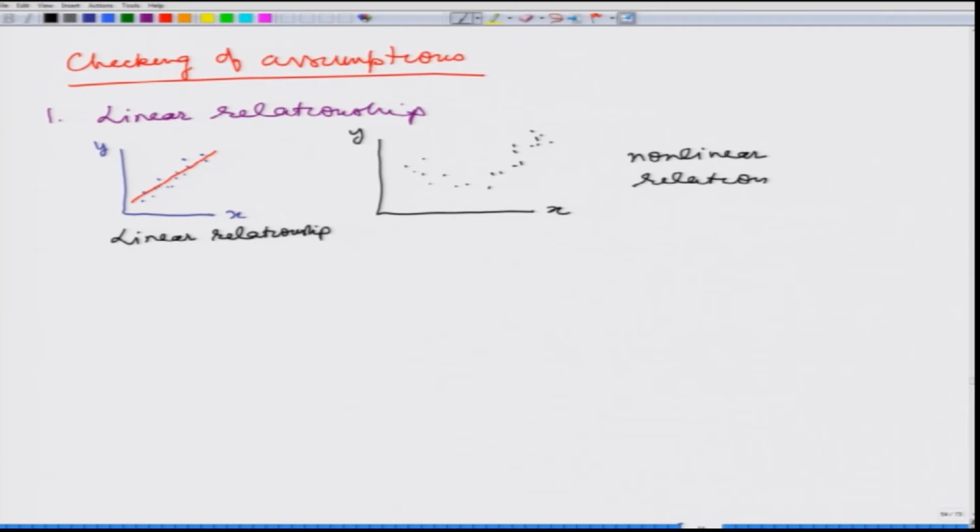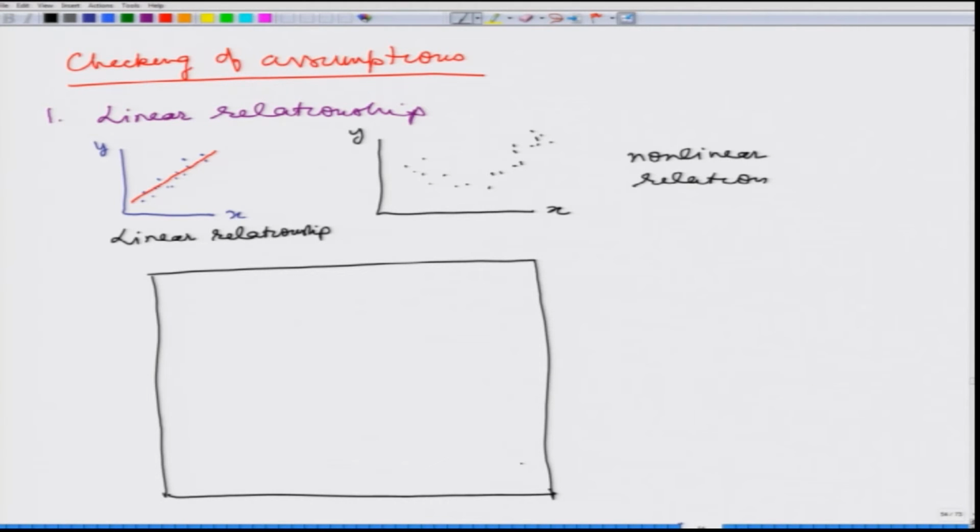In another case, for example, when we are dealing with a multiple linear regression model, we try to use the multiple scatter diagram. I try to draw here a multiple scatter diagram when we have, suppose, two independent variables.